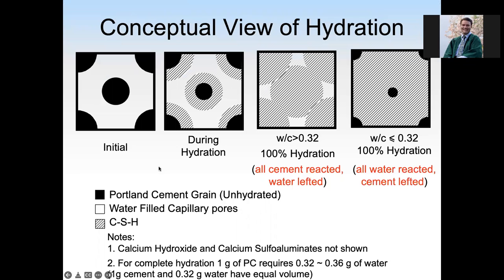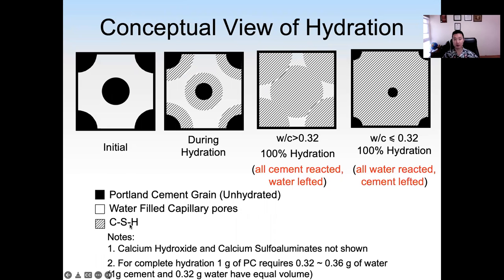So when we mix Portland cement with water, we know that the hydration goes up. Let's say this is the conceptual view of hydration. The black area is the Portland cement grain particle, unhydrated, and water is in between the cement particles.